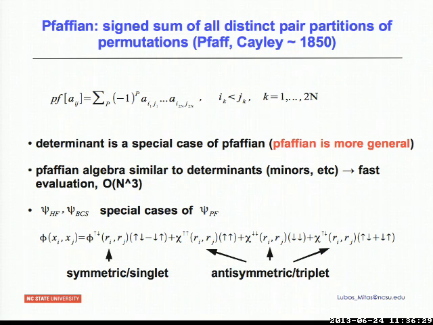The algebra of the Pfaffians is known. A determinant is a special case of the Pfaffian, and the algebra is similar to determinants. And if you write this pair spin orbital and decompose it into space and spin degrees of freedom.